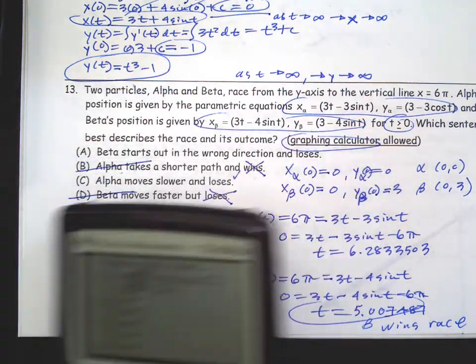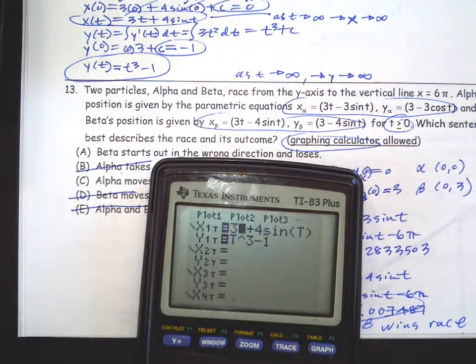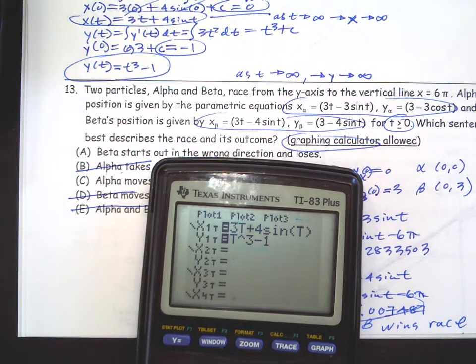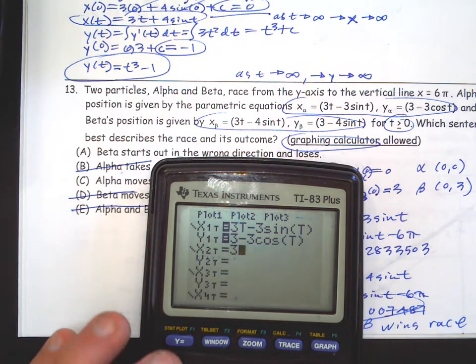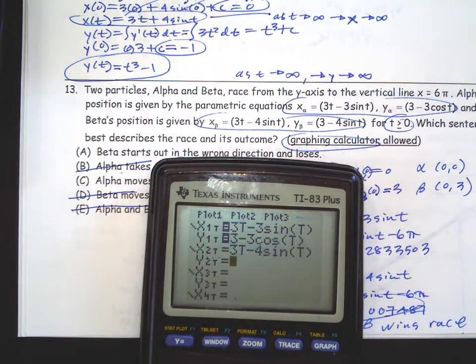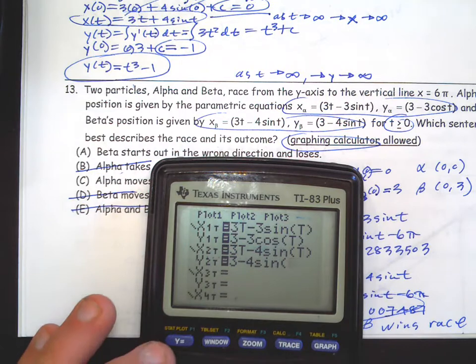So the first one is 3t minus 3 sine t, and then the y is 3 minus 3 cosine t. And then the next one is 3t minus 4 sine t. And the next one is 3 minus 4 sine t.